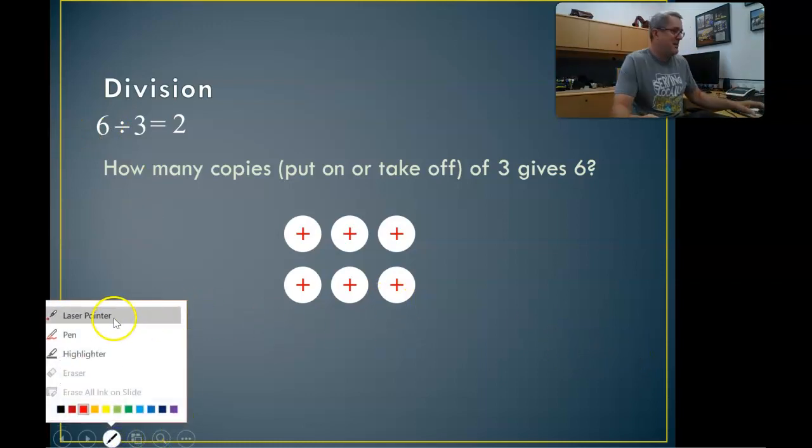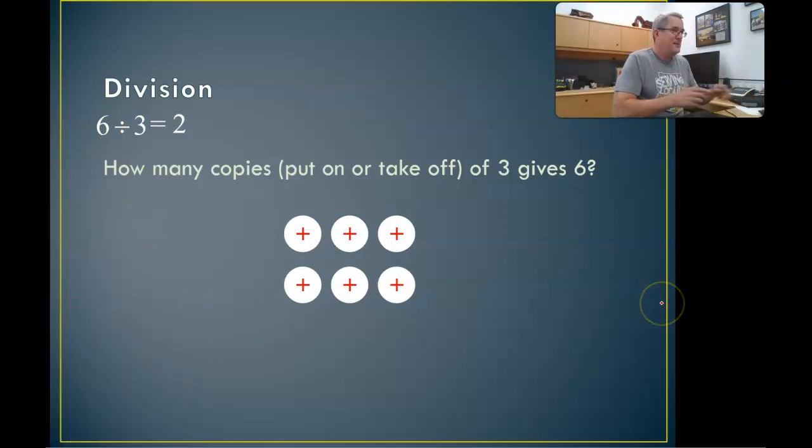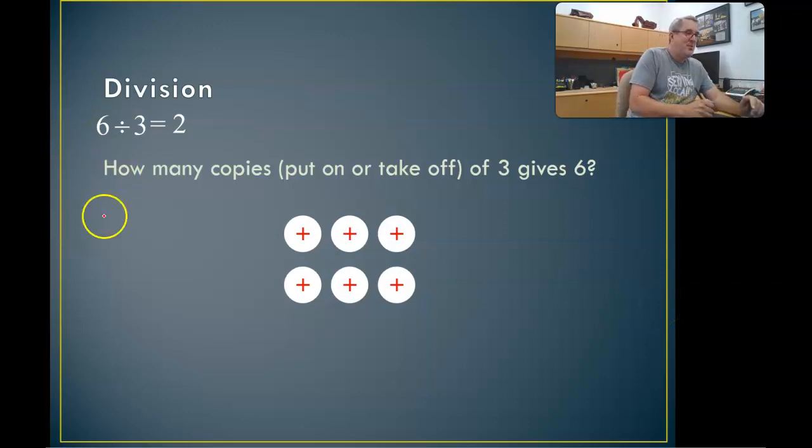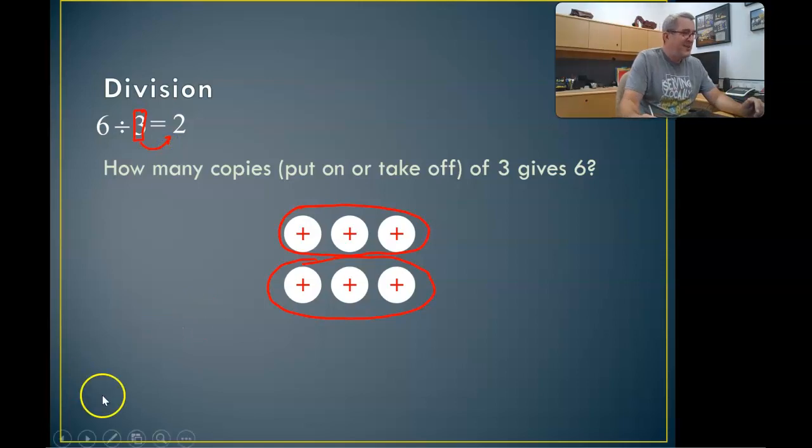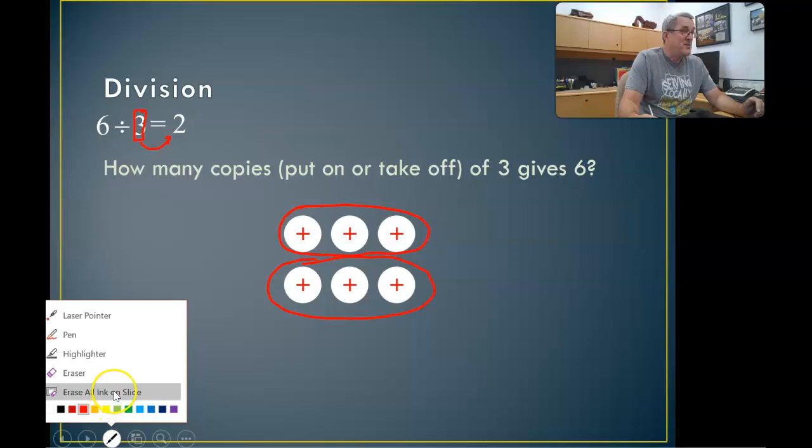Now, just for a minute, let me grab my pen. Just to connect back to the other ways, notice that if you thought of it the way I brought it in, there's a copy of 3, and there's a copy of 3. So if I took 6 and broke it up such that there was 3 in each group, there would be 2 groups of 3, and that would be one way to think about division.